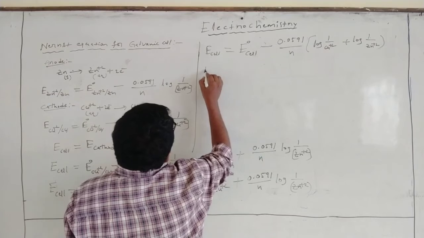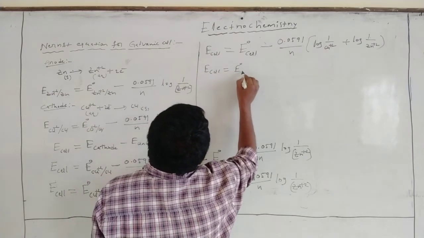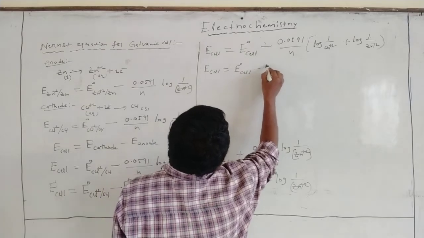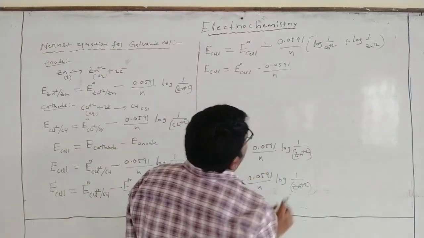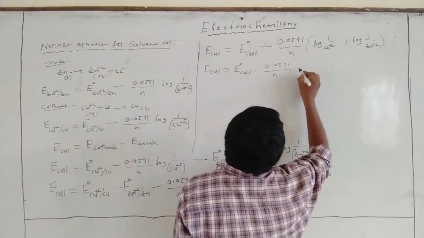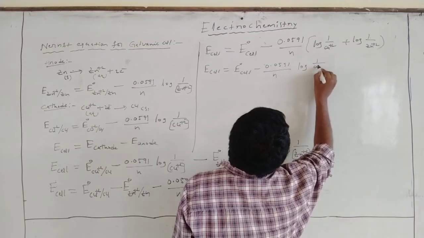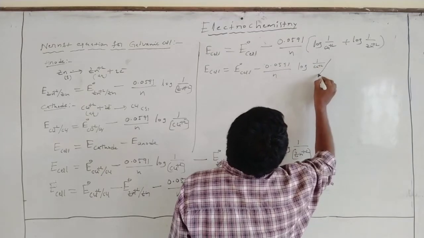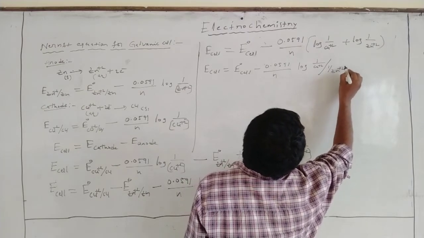Now we can write E cell is equal to E naught cell minus 0.0591 by n. Now it is the log A plus log B formula, so we can write log A by B: 1 by Cu plus 2 by 1 by Zn plus 2.